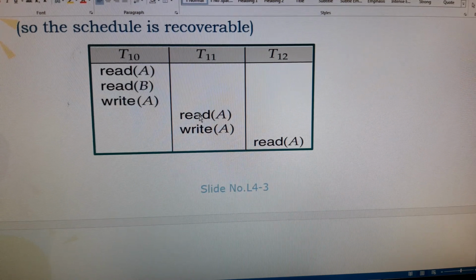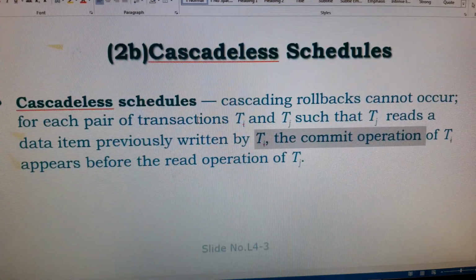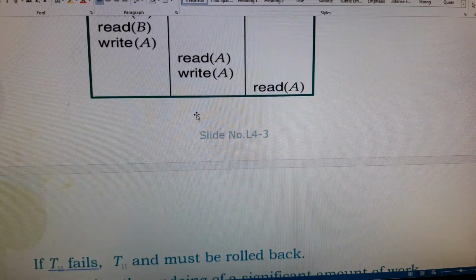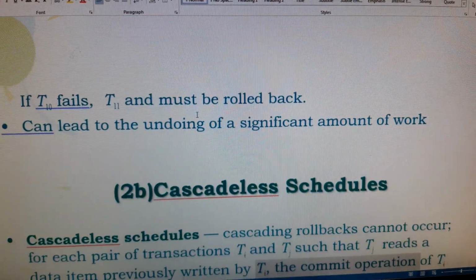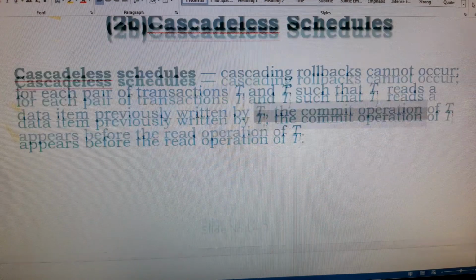Then in this case also, after commit, the next transaction reads the exact value. For this case, the schedule is called a perfectly recoverable schedule.